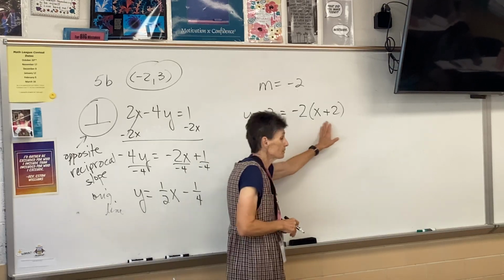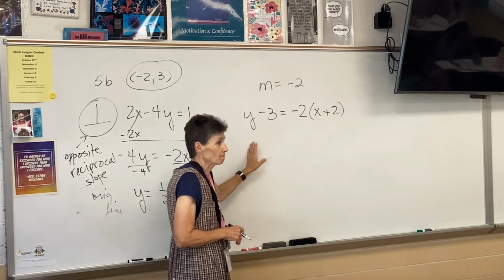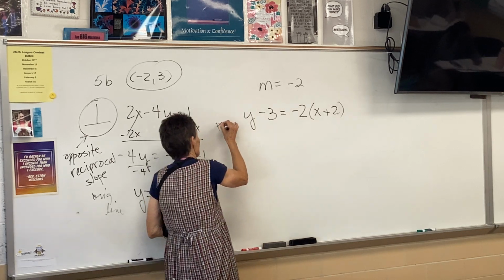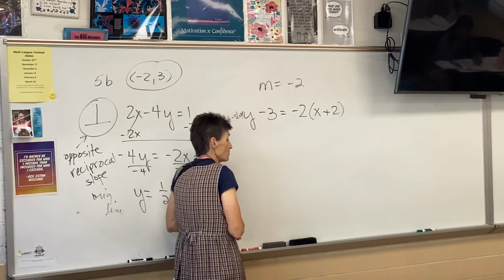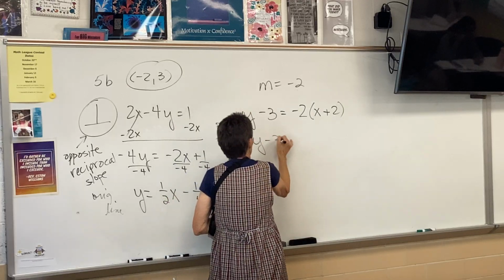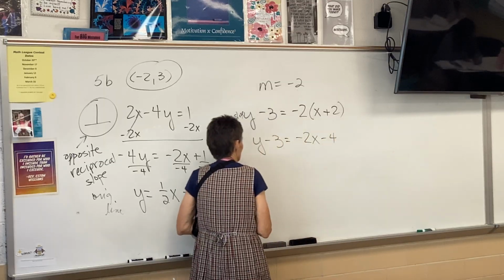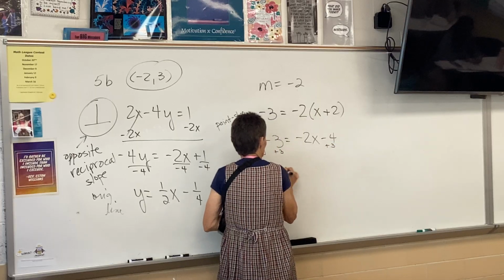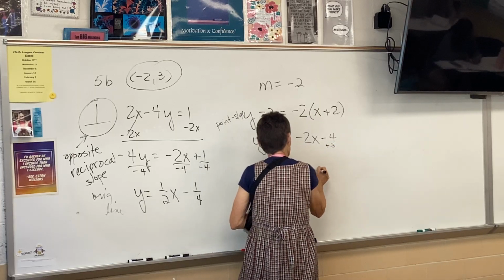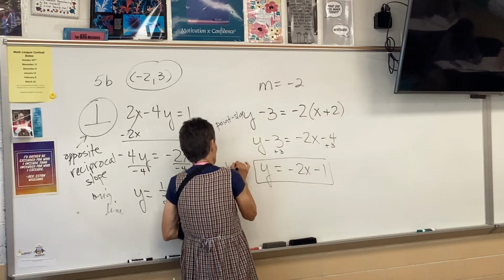What's this called? Point slope. Let's go ahead and get the slope intercept form. So we'll distribute. Maybe negative 2x minus 1 for my slope intercept.